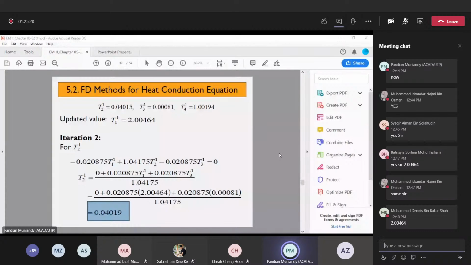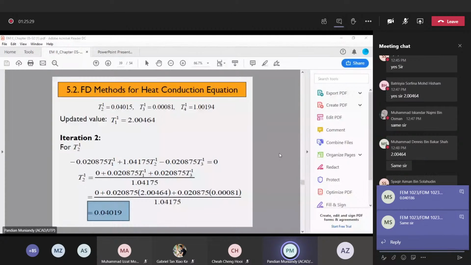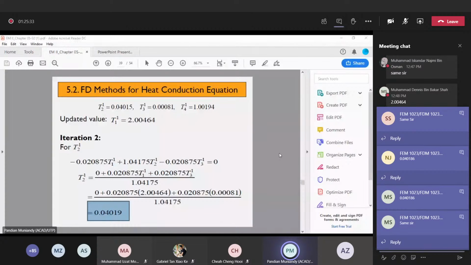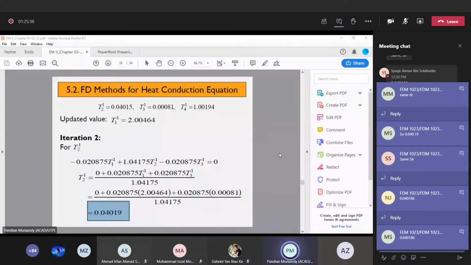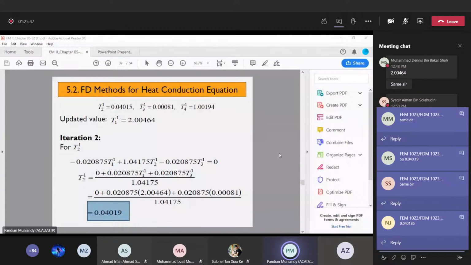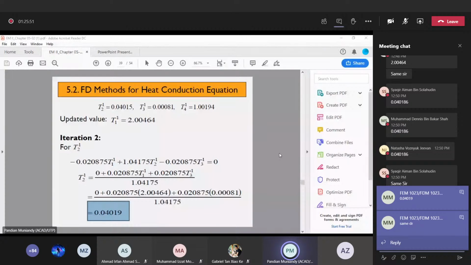Anyone can verify the value for T2? Muhammad Dennis, check please, 0.04019. Yeah, Muhammad Shalihin, 0.04019. Good. Okay, great.